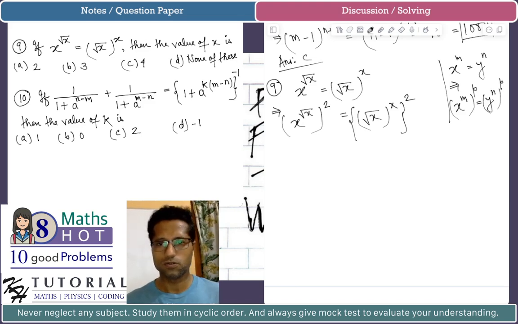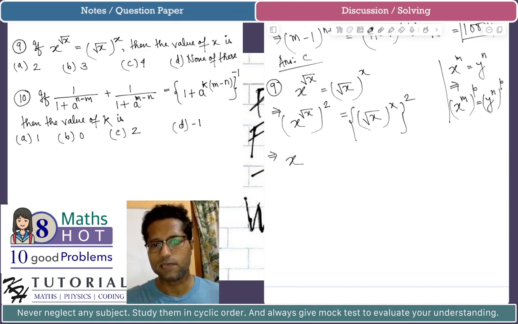So in the given equation, I am taking the square of both the terms. Now the left hand side, this is x raised to the power 2 into root x, because we know that (x to the power m) whole raised to the power n is nothing but x to the power m multiplied by n.